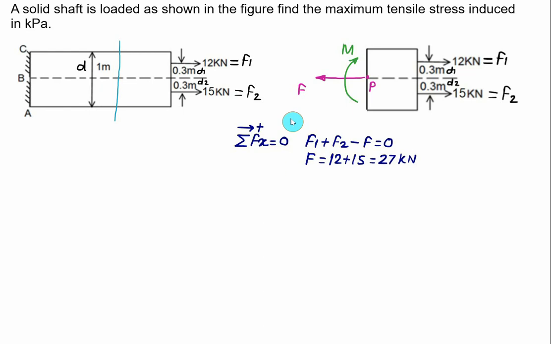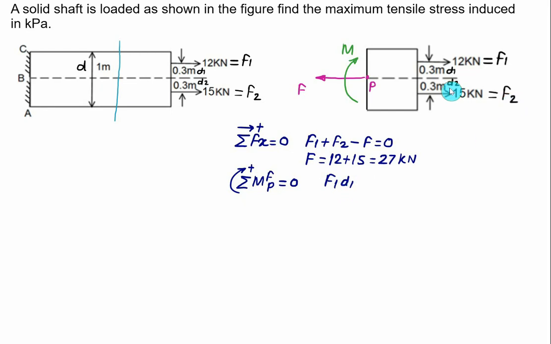Next, to find out the reaction moment M, we'll take the sum of moments of all forces above the point P, and we'll take the clockwise moment as a positive value. So the force F1 with a distance d1 will make a clockwise moment about P, and this sum is equal to 0. F1 multiplied by d1 is a positive value.